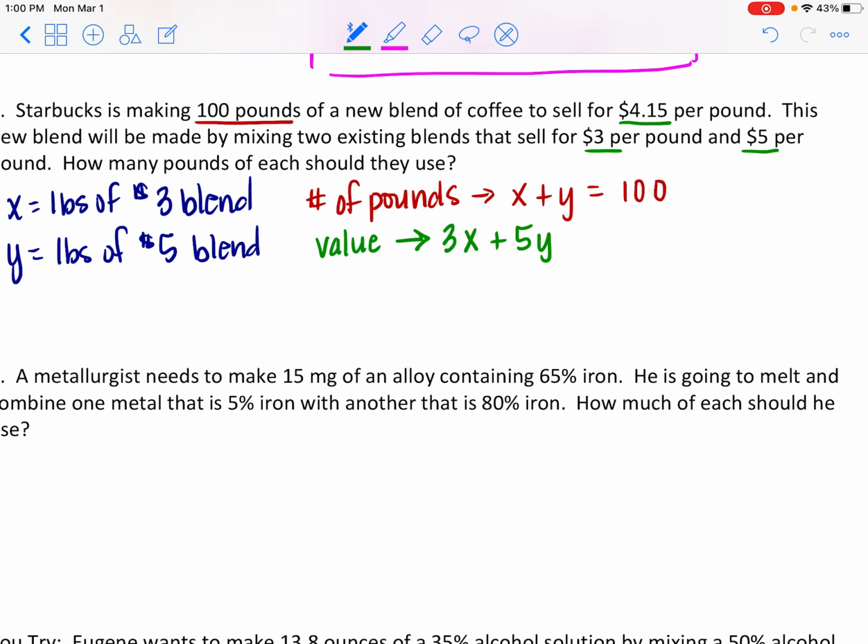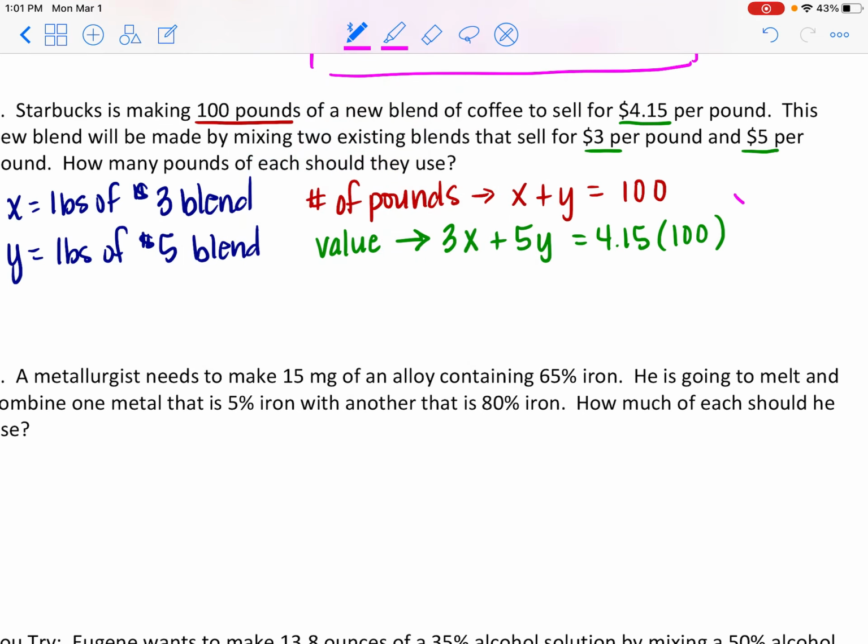So 5 times the y. Now that's going to combine to get this $4.15 per pound blend. So the $4.15 per pound has to go here, but it's per pound, right? So notice the 3 got multiplied by the x that was here, the 5 gets multiplied by the y that's here, and the $4.15 has to be multiplied by the 100 that's here. So it's 3 per x, 5 per y, and it's $4.15 per 100 pounds of the mixture. And that is the tricky part with this one, okay?